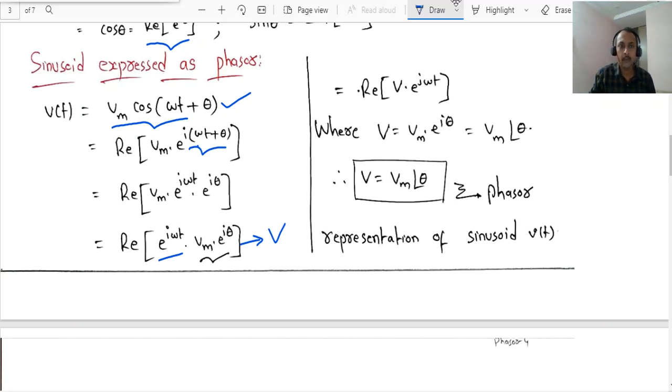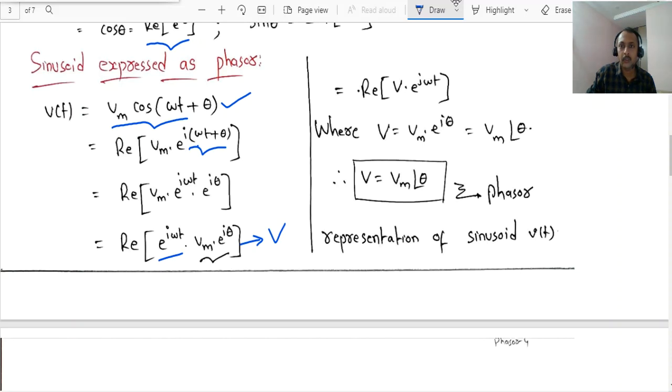So for Vm cos of omega t plus theta, we can write its phasor capital V equal to Vm at an angle theta. This is the representation of the sinusoid phasor, right?